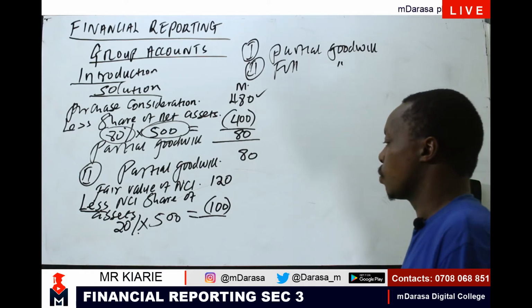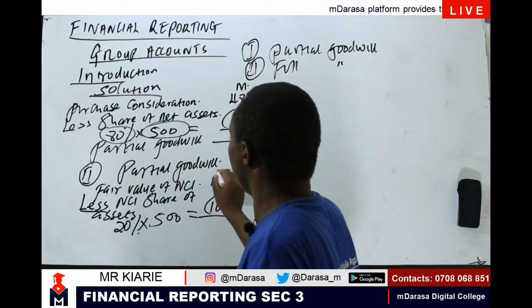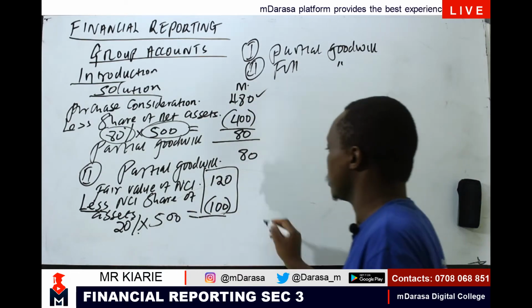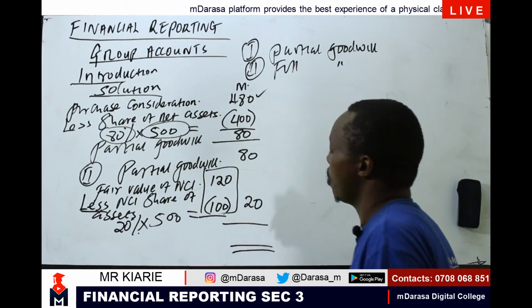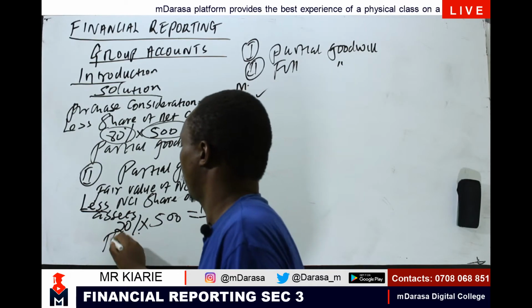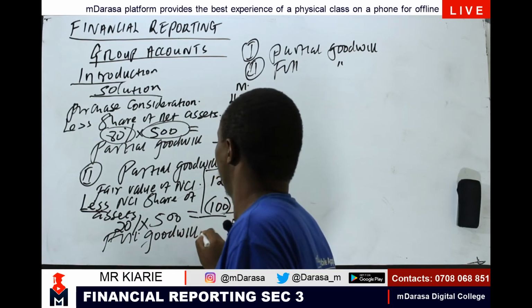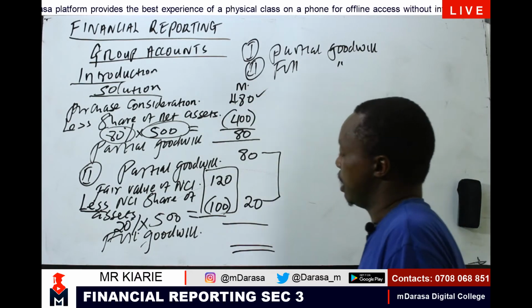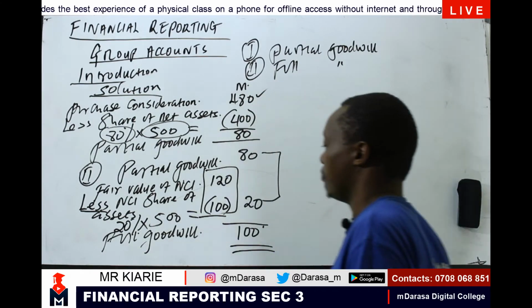Goodwill attributable to the NCI is the difference between 120 and 100, which is 20. Therefore our full goodwill will be 80 plus 20, which is 100 million.